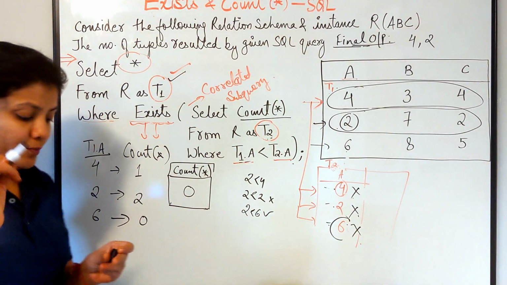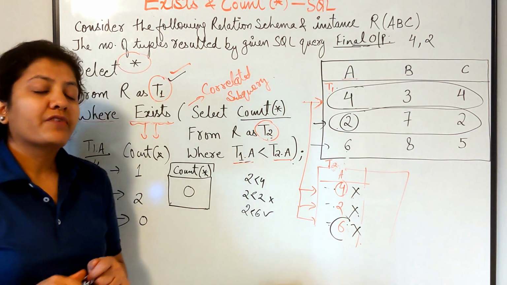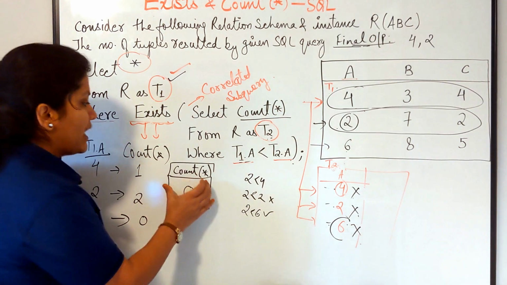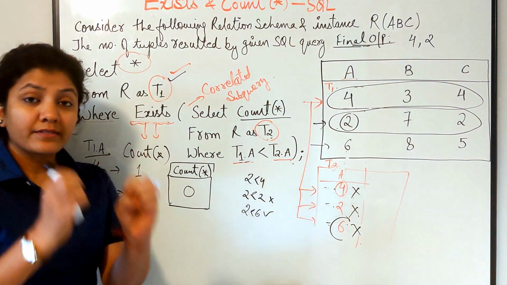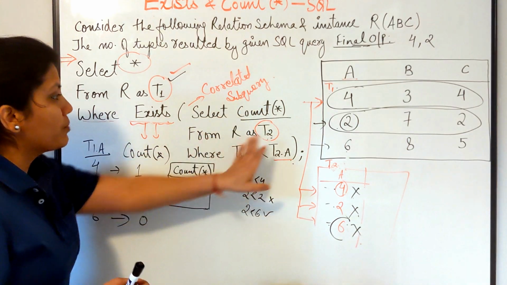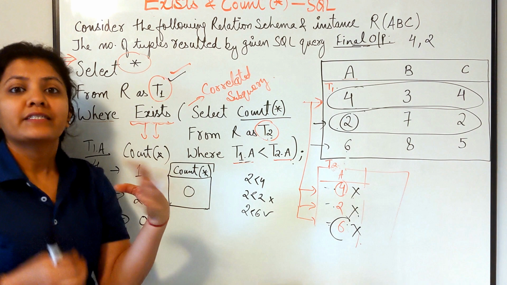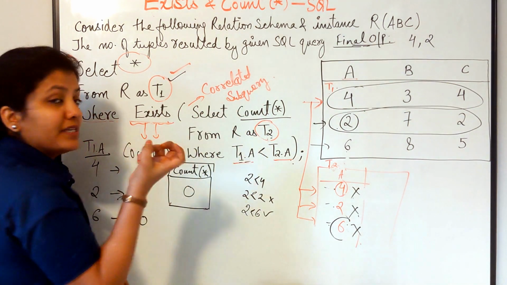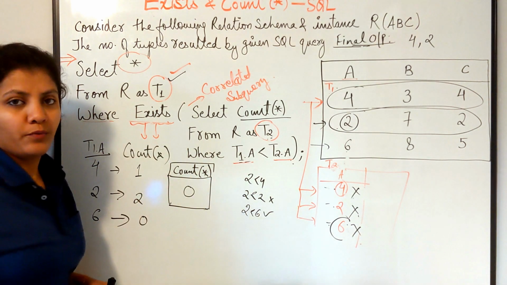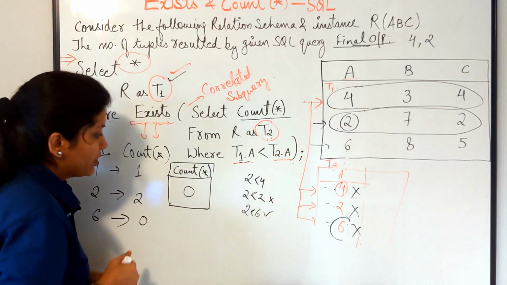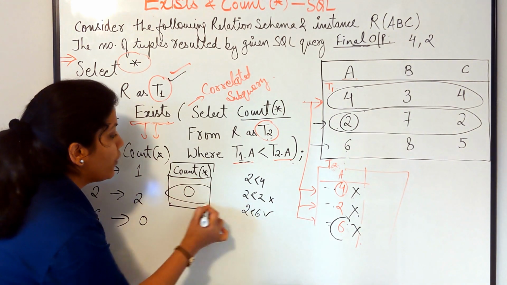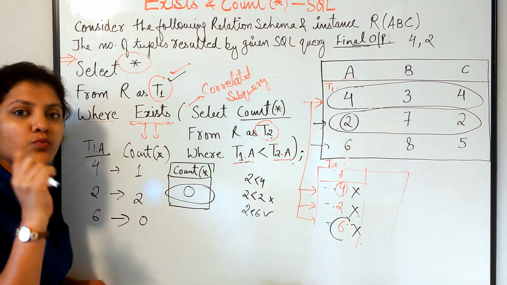When the T1.A value is 6, the count star returns 0. Now many of you might get confused: if count star is returning 0, what is the problem? The problem is that when count star is returning 0, it is still returning some table. It is not empty. This part consists of some instance, some relation which is giving a value count star 0. It means this is one tuple, one row.